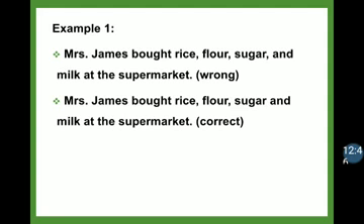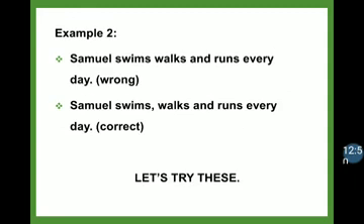Let's move on to our second example. Our second example says, Sam swims, walk, and run every day. So, if I could say that faster, because guess what? There is no comma there. So if I say swim walk, I don't know how we swim walk.